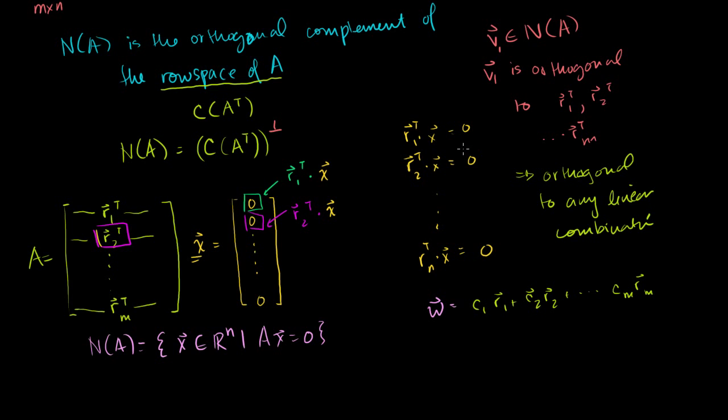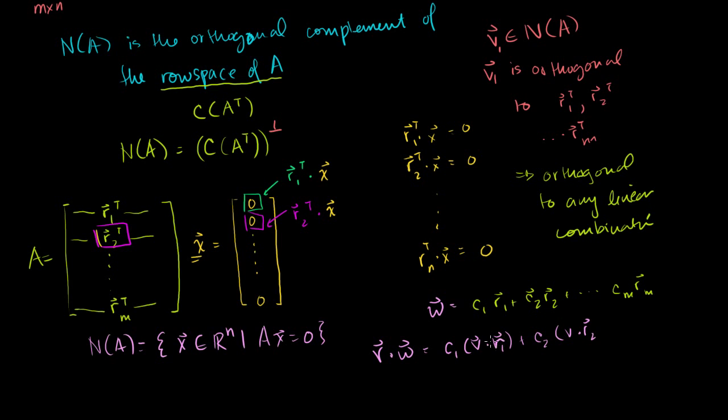So what happens when you take V, which is a member of our null space, and you dot it with W? If we take V and dot it with W, it's going to be V dotted with each of these, because the dot product has the distributive property. So it's going to be equal to C1, I'm just going to take the scalar out, C1 times V dot R1 plus C2 times V dot R2.